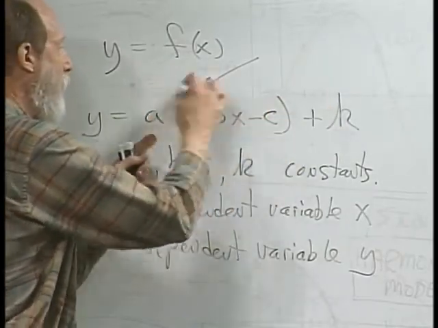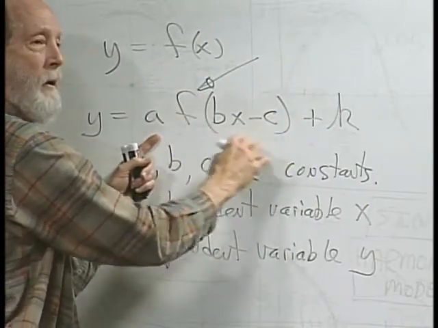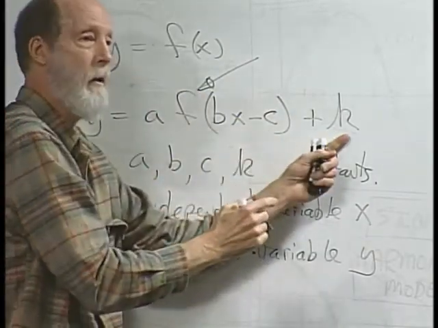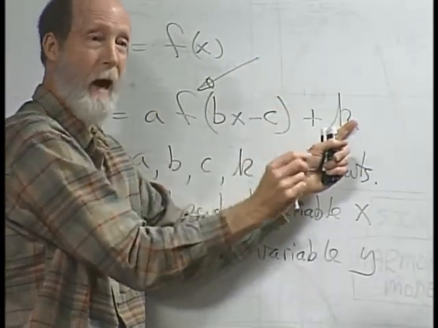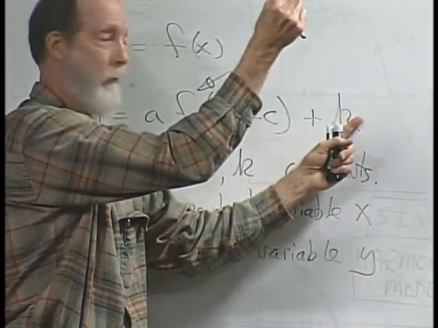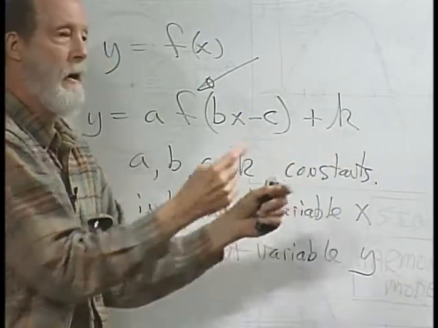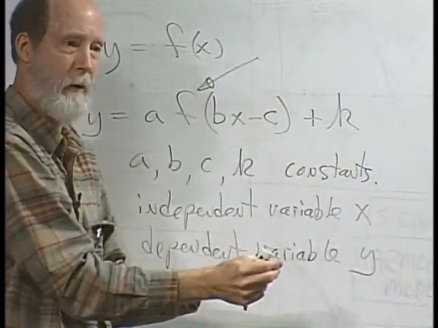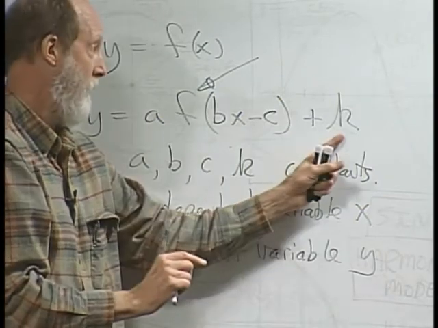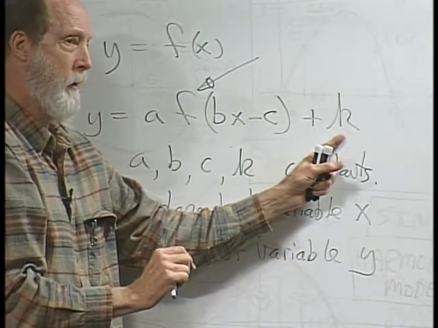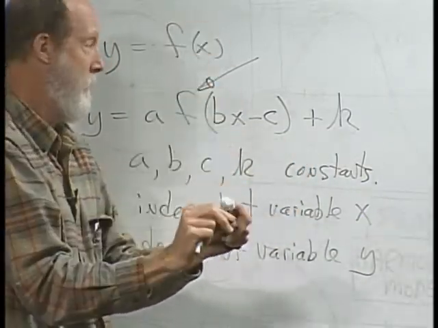Well, if you compute this thing, isn't this a part of the output? And then aren't you adding, or if that's negative, subtracting something from the output? And on your graph, that is either lifting up if it's positive or taking it down negative, right? So the k is a vertical shift. That should be real comfortable to you. It's not, that k is not a horizontal shift. It's not doing this. It is doing something like this to it.